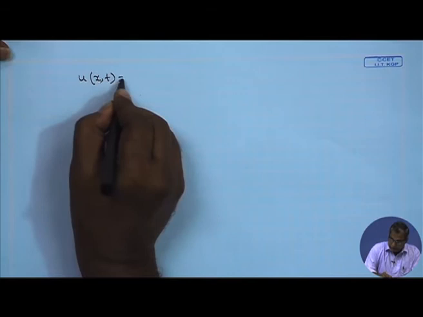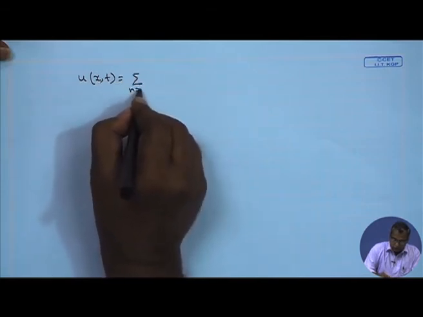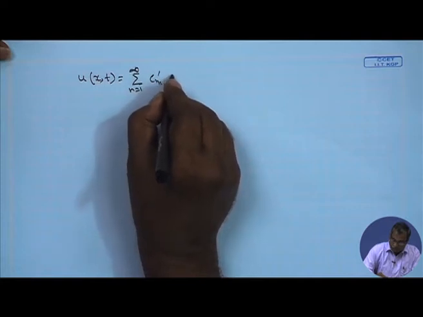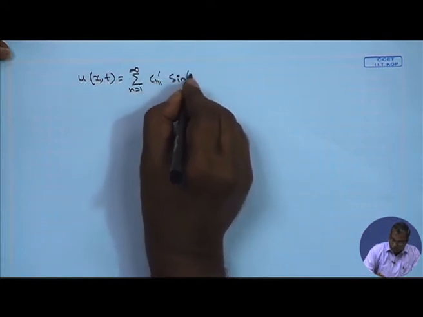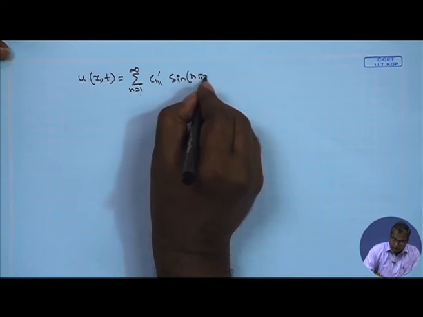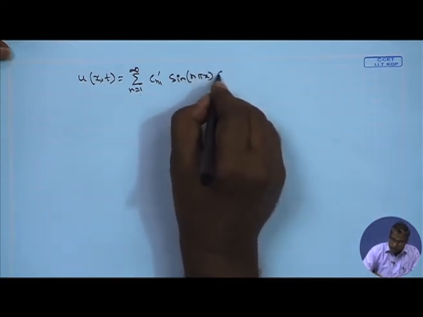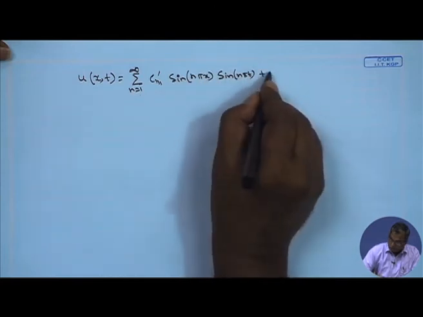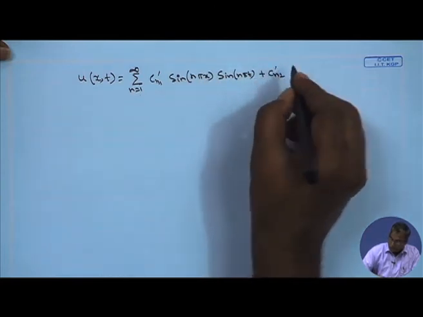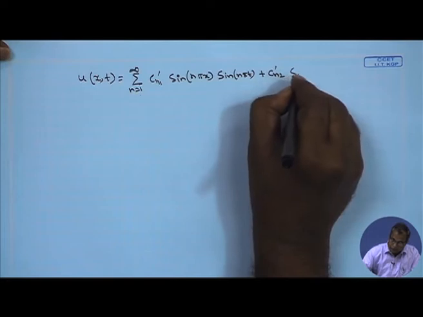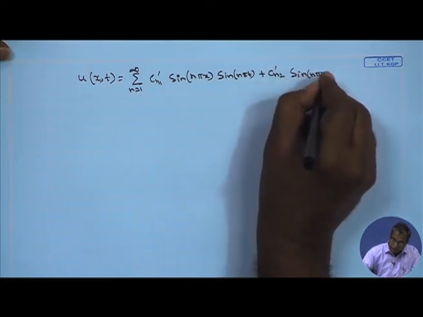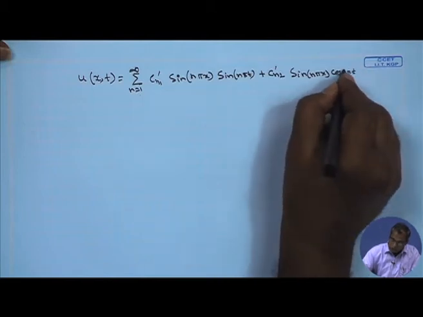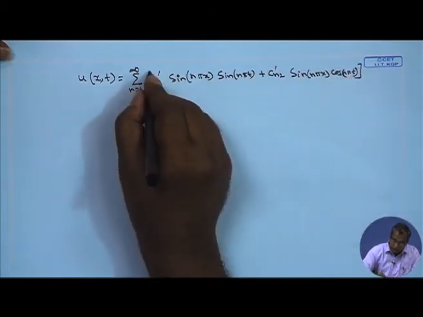So, u of x, t is equal to the summation from n is equal to 1 to infinity of Cn1 prime sin n pi x sin n pi t plus Cn2 prime sin n pi x cosine n pi t. So, that is the complete solution.